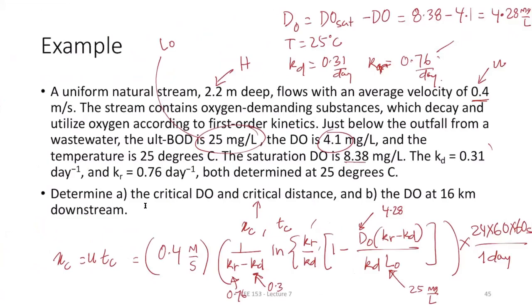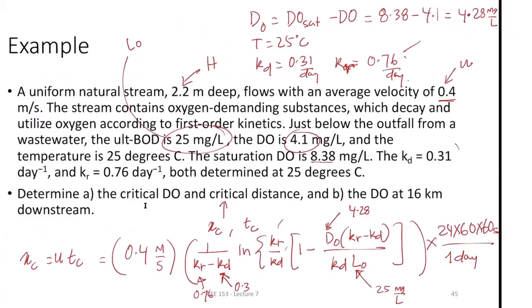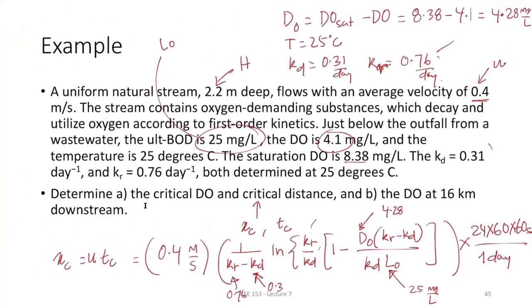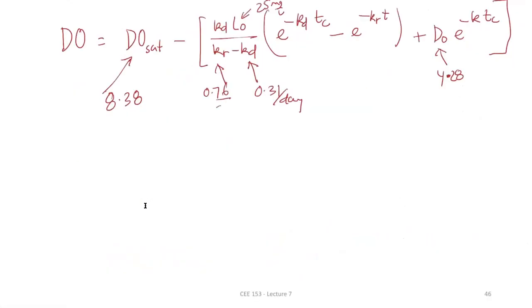KD is 0.31 per day, KR is 0.76 per day, and tc you calculated in the previous step. That means you should be able to calculate that DO at the critical point.